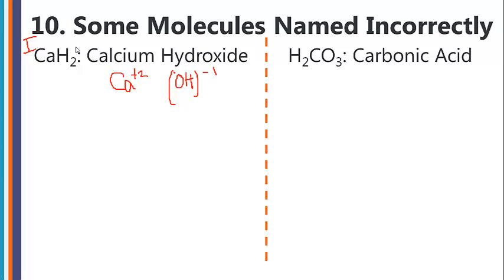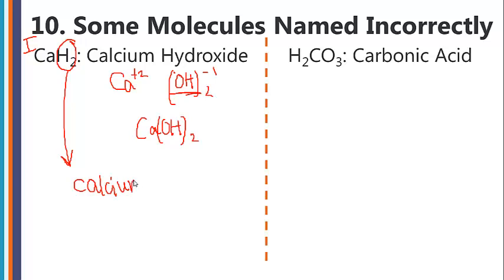So already I know there's something fishy because I've got an H here and an OH over here. Calcium hydroxide, once we balance our charges, is just Ca(OH)2. In this case, I have hydrogen, which is going to become hydride. So calcium hydride is the correct naming for this.